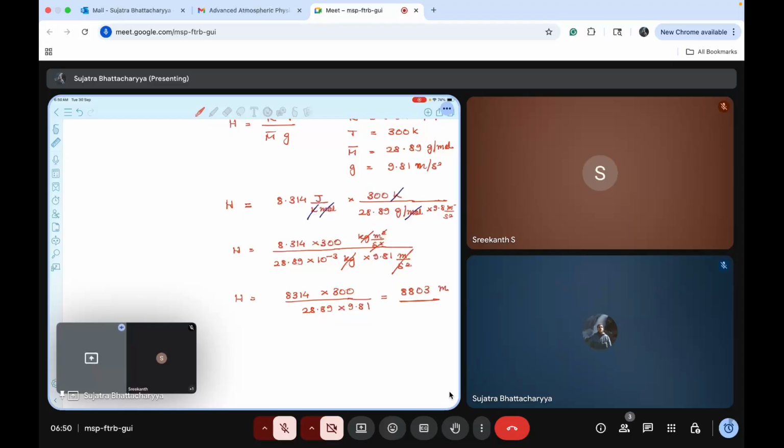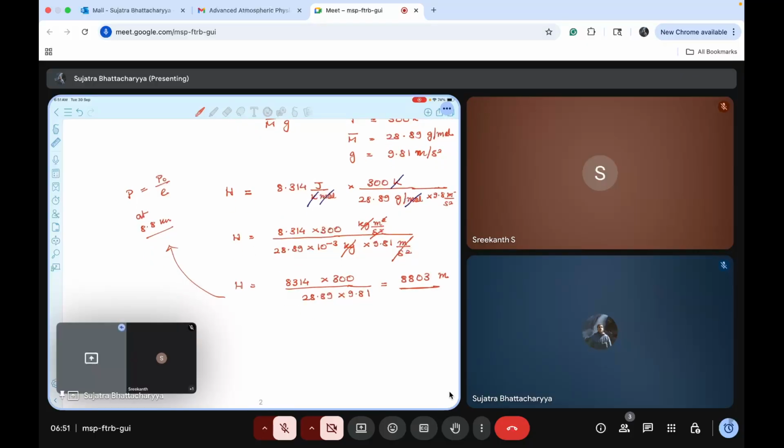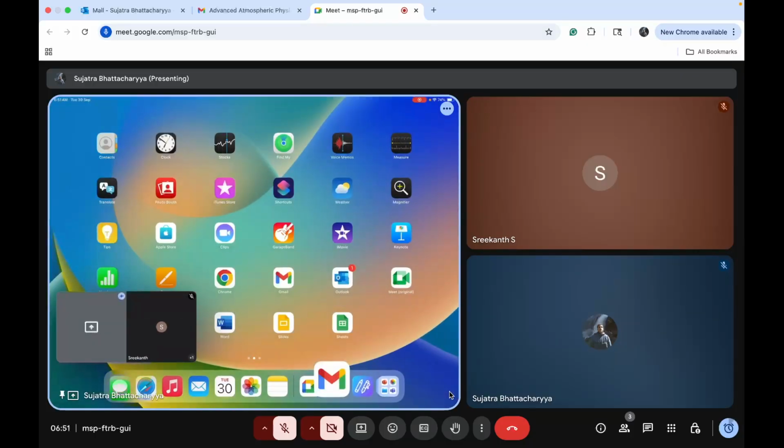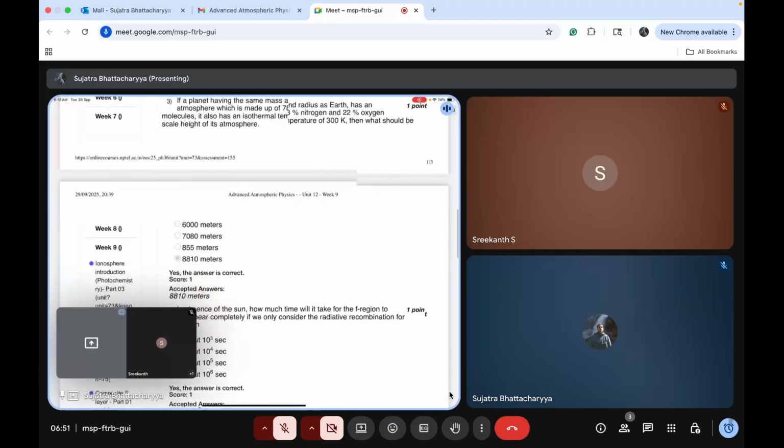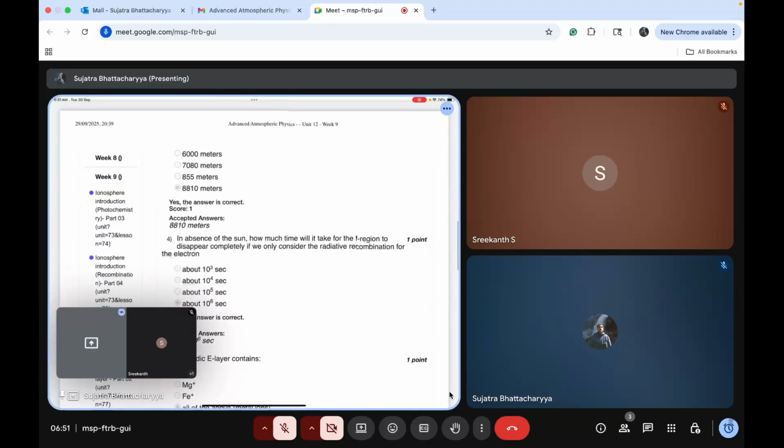So P will become P naught by e at this 8.8 kilometers. This is what the scale height means. Roughly, the solution comes out to be 8810 meters in their case.